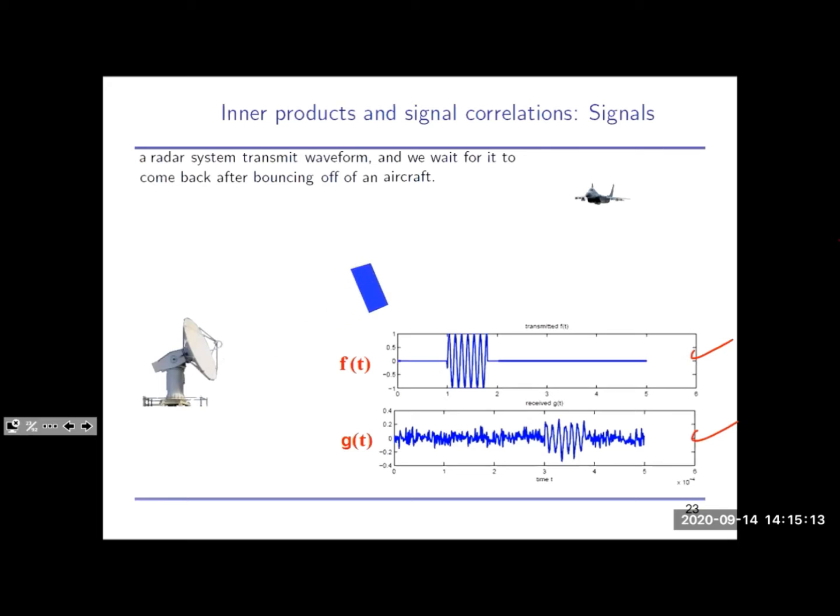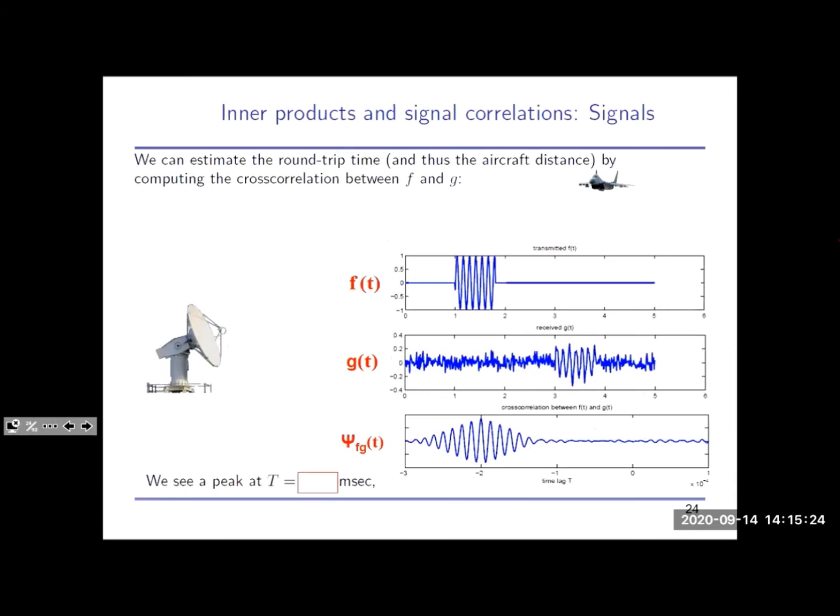And when we get the peak, we understand that's our signal bounced off the aircraft, and we got back to us. What we calculate is the inner product between F and G. And we get psi. Look at the time axis. This is 1 to negative 10 to negative 4. So it will be 0.001 when it started.